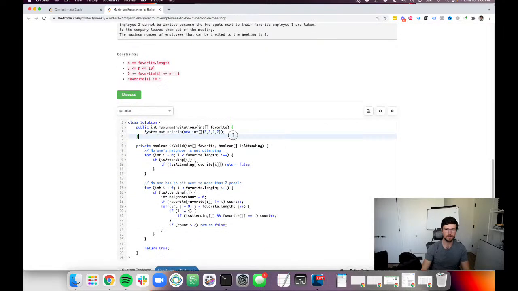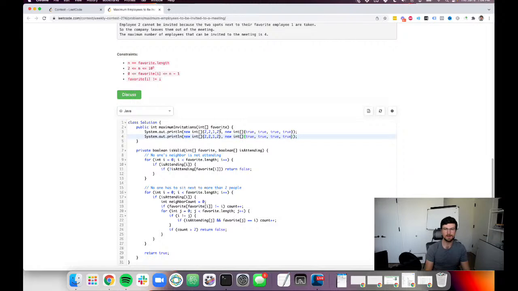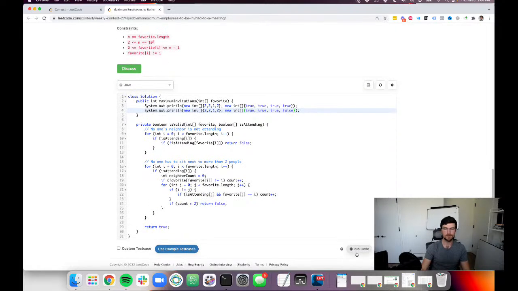So this is new int, and then true, true, true, true. This one should give us false, but if we make this false, then it should be true. So let's try running that.